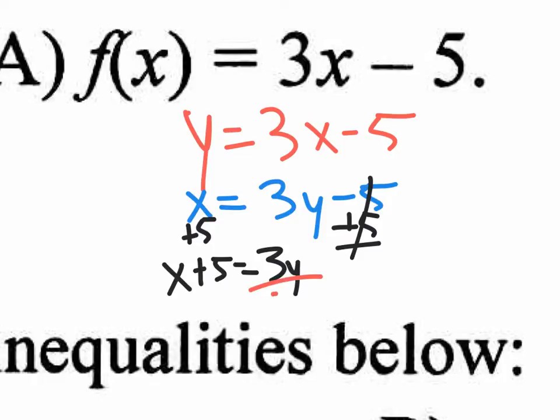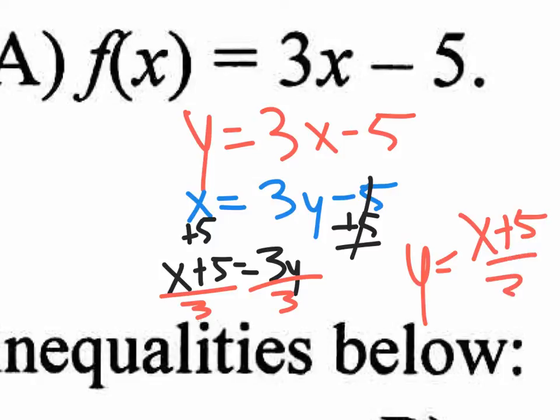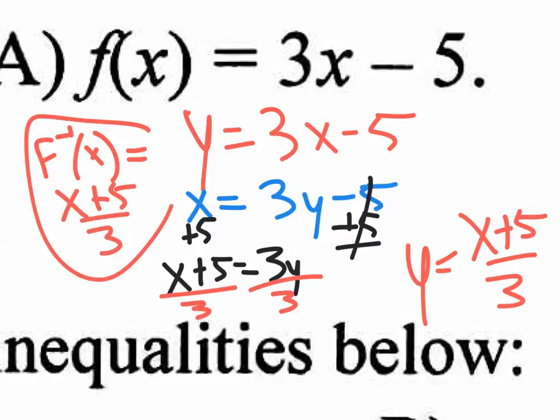Final step will be to divide by 3 and divide by 3. So y equals x plus 5 over 3. Ladies and gentlemen, they're actually going to write it instead of y. They're going to write it as f, little negative 1 up on top, x, inverse notation, equals x plus 5 over 3. I hope this helps.